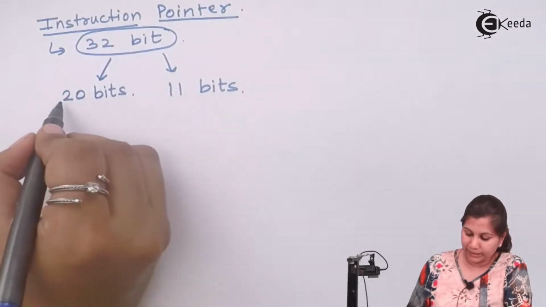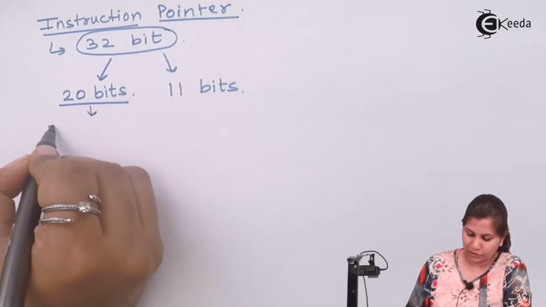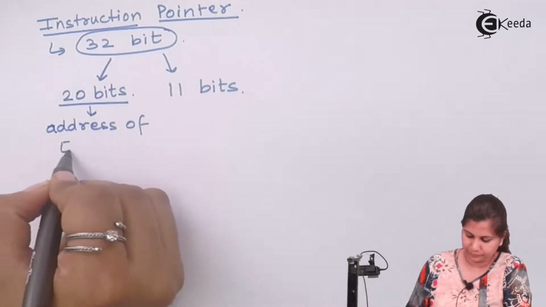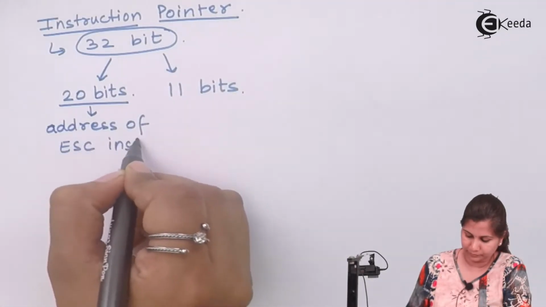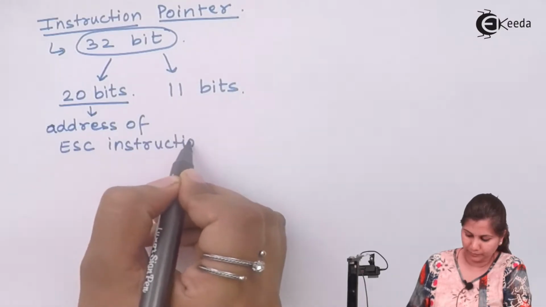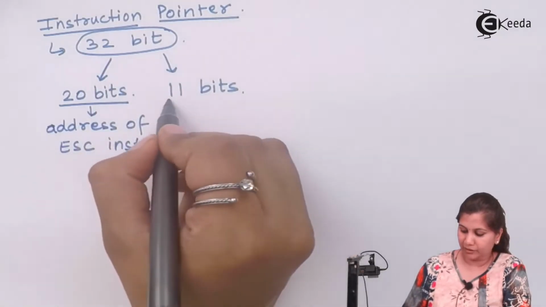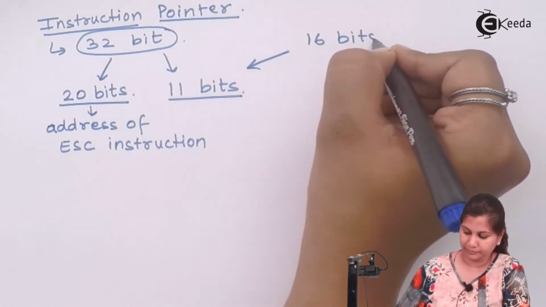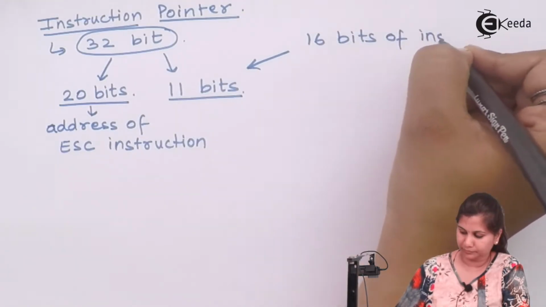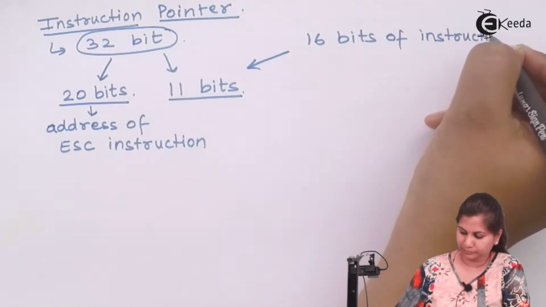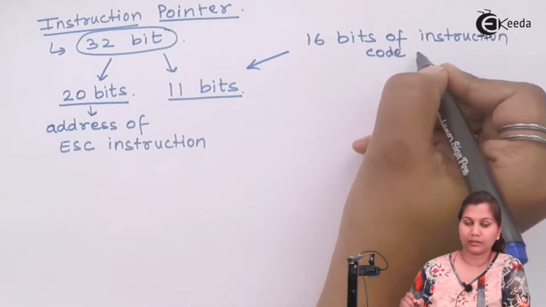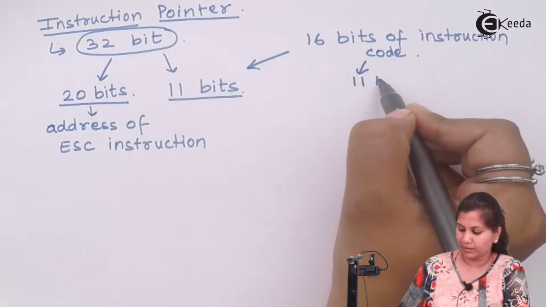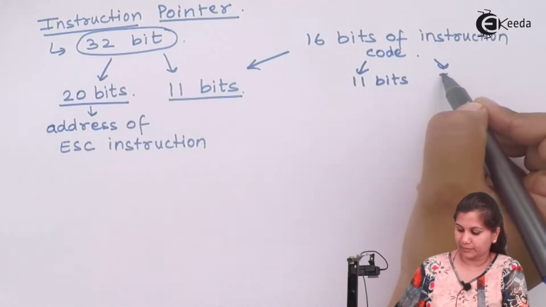The 20 bits are the address of the escape instruction, and these 11 bits are from the 16 bits of the instruction. In that 16-bit instruction code, we have 11 bits and 5 bits.